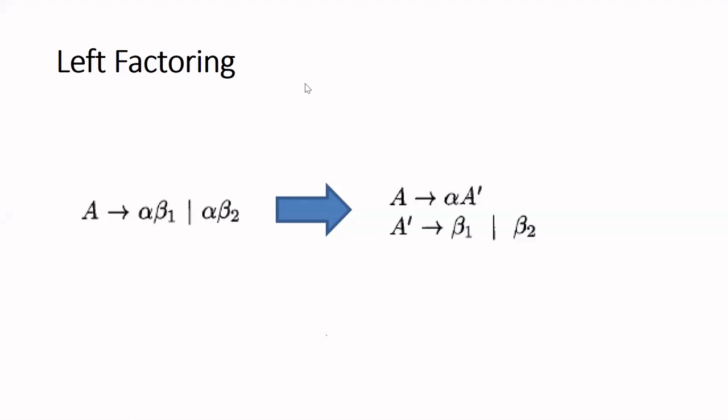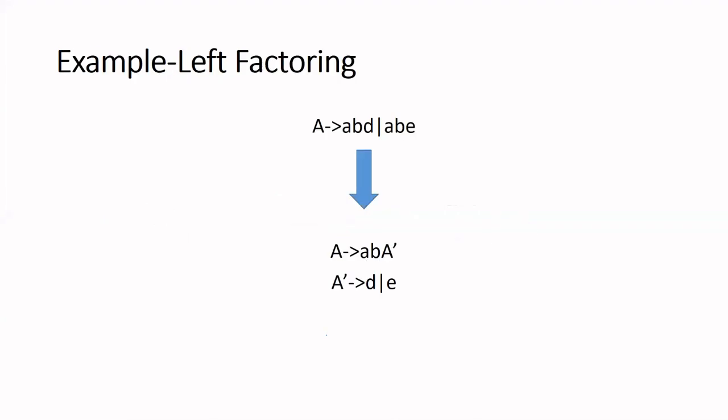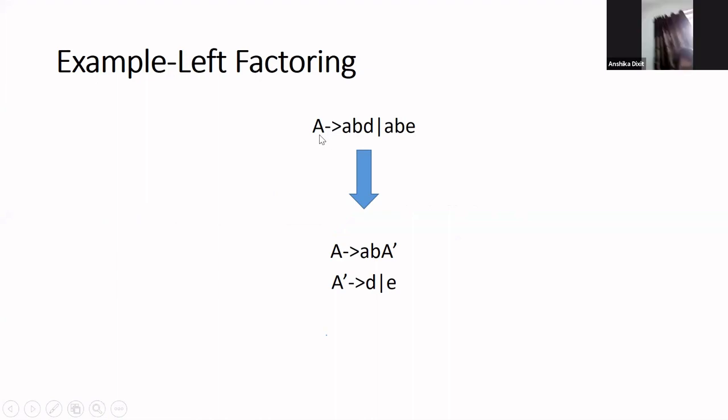Shall we move on to the example? This is the general form. Keeping this general form, you will have to solve the problems. So this is an example to eliminate the left factoring. You have a grammar, only one production with different options.